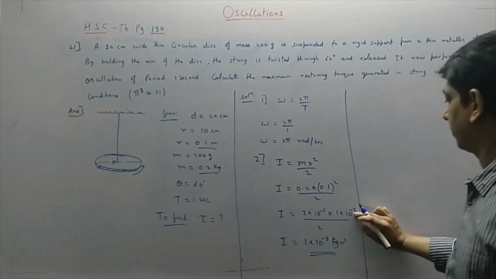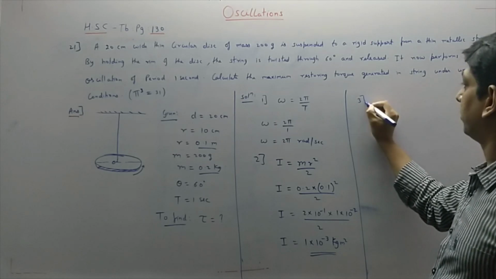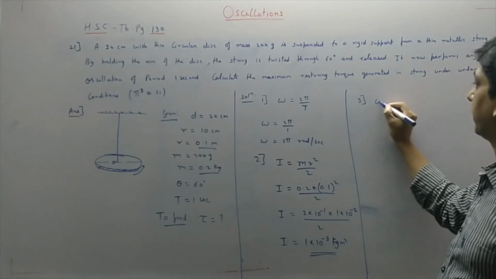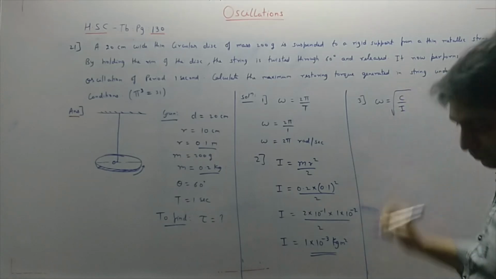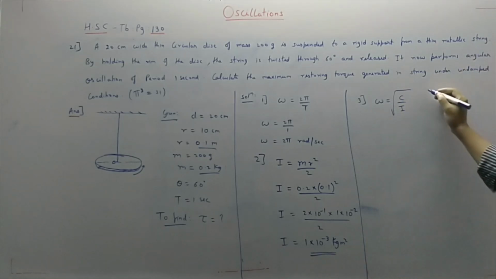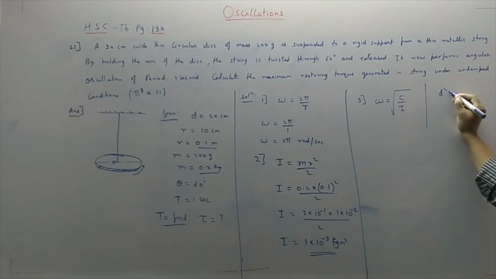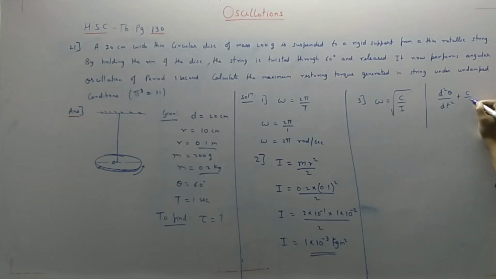The next is the formula for omega, the relation of angular frequency, which is root of C upon I. Already we have derived this. We have the differential equation d square theta upon dt square plus C upon I theta. We got this differential equation for angular simple harmonic motion.